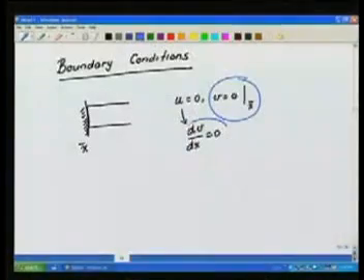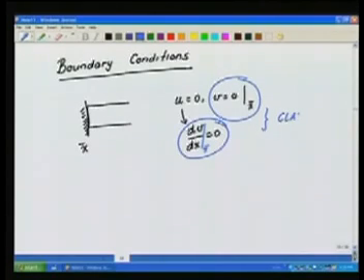This condition where I am specifying v equal to 0 and dv dx equal to 0 at the point x bar, this is called a clamped end. So we have talked about the clamped end, and this is nothing but our Dirichlet boundary condition, that is both u and v are fixed.